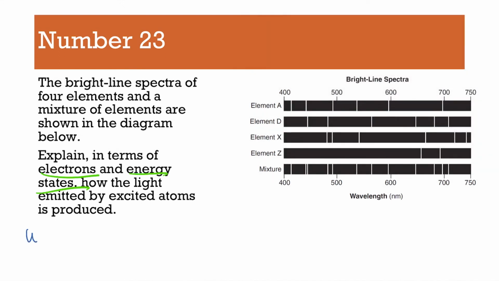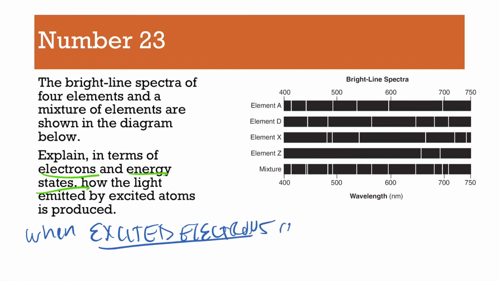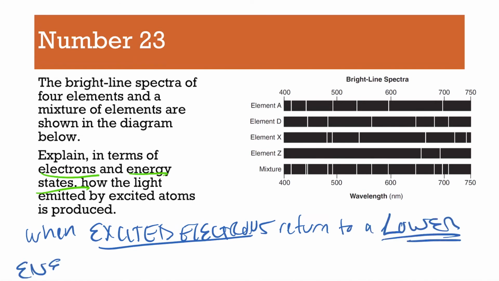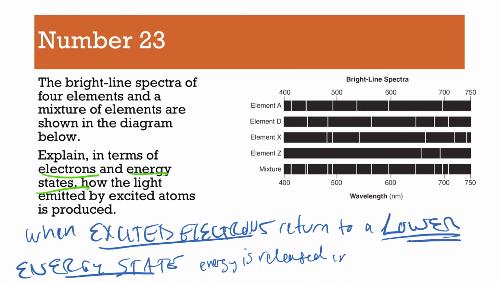We could say when excited electrons return to a lower energy state, again, we're using those words, energy is released in the form of light.